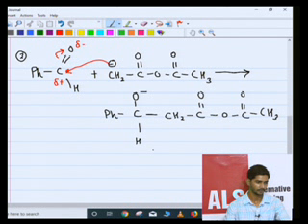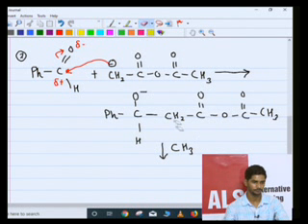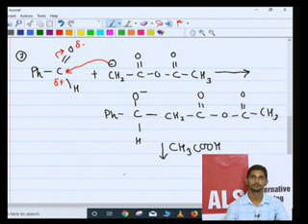Now, in step number 3, I'll continue with this. Acid will come over here and provide the proton to this negative charge. This is the acetic acid that we have got in the first step.